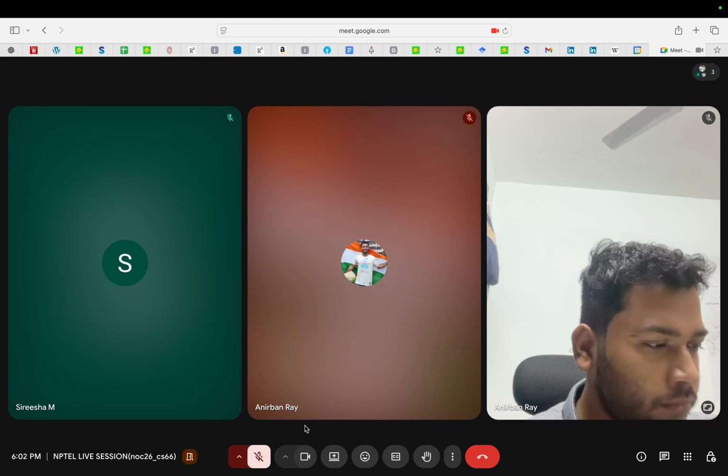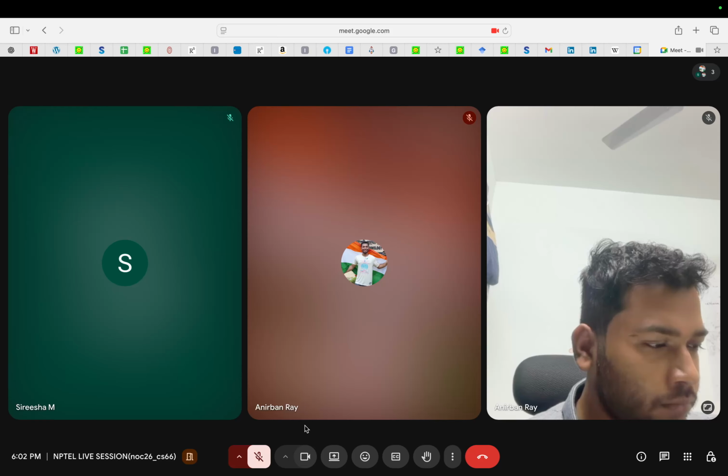How do you write it? We write the transpose of these as they are, and this is what we call W1. This is the W1 matrix.